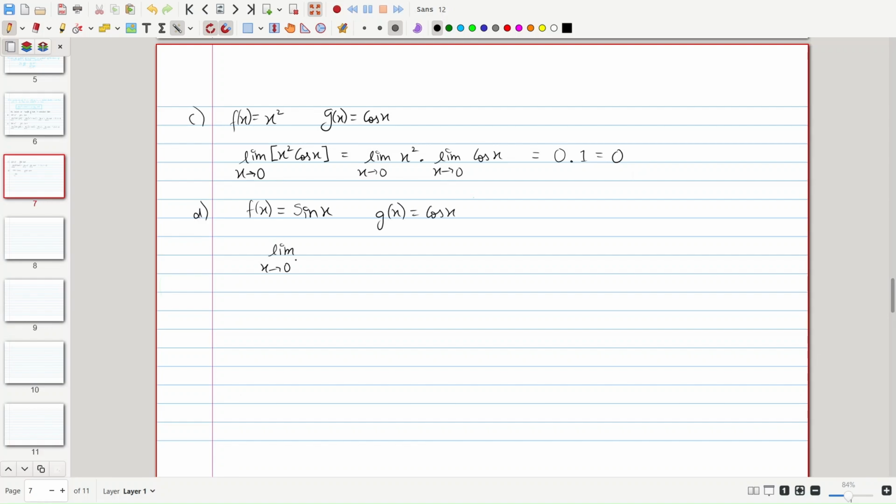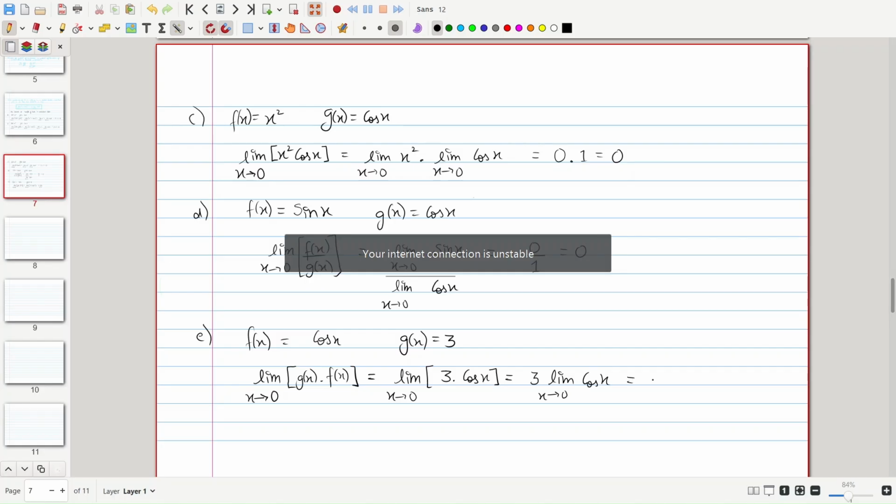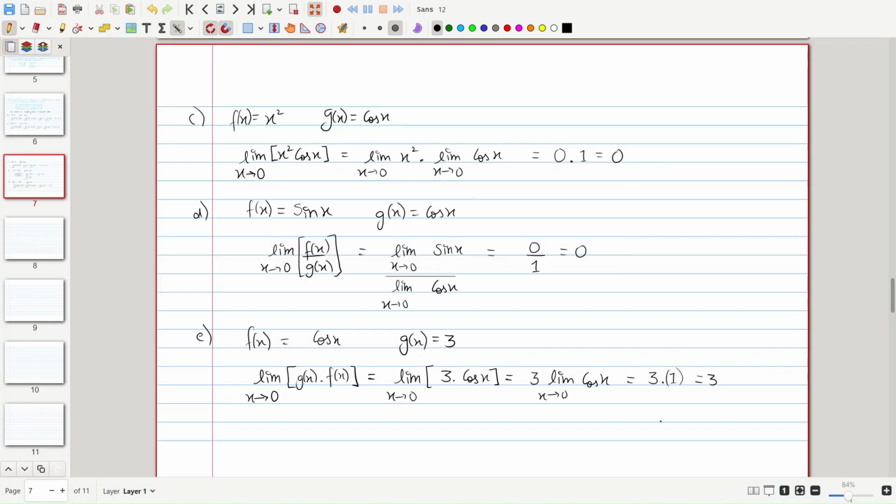And lastly, f(x) is equal to sin x, g(x) is equal to cos x, and say limit x tending to 0 of f(x) by g(x). So with individual limits, sin x goes to 0, cos x goes to 1, we get 0. Also, sin x by cos x is tan x. So we know that tan goes towards 0 as x goes to 0. So we can verify this in this way as well.